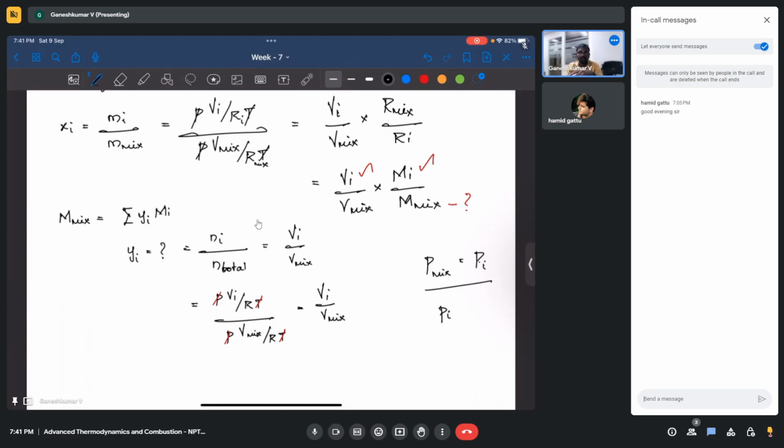Sir, I think then the partial pressure concept would be useful for a closed system and not for an open system. You could say that. For closed systems it would be useful.